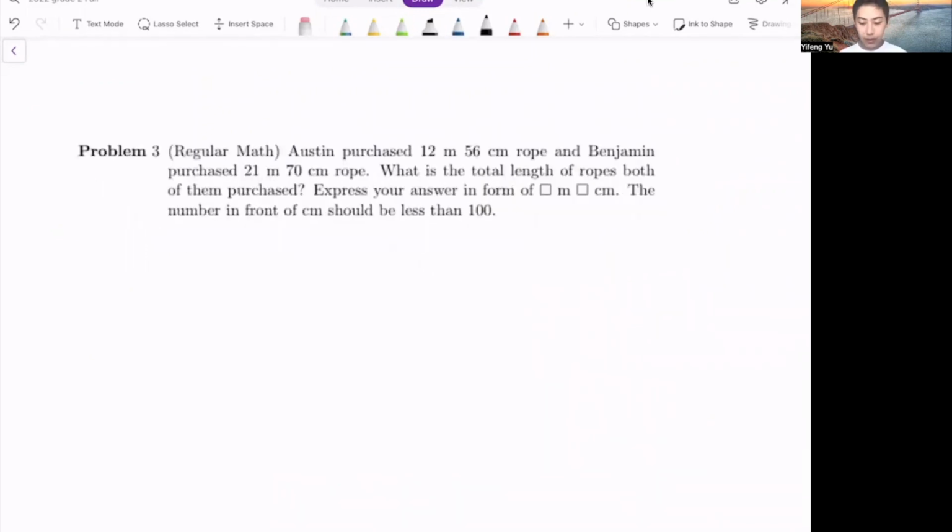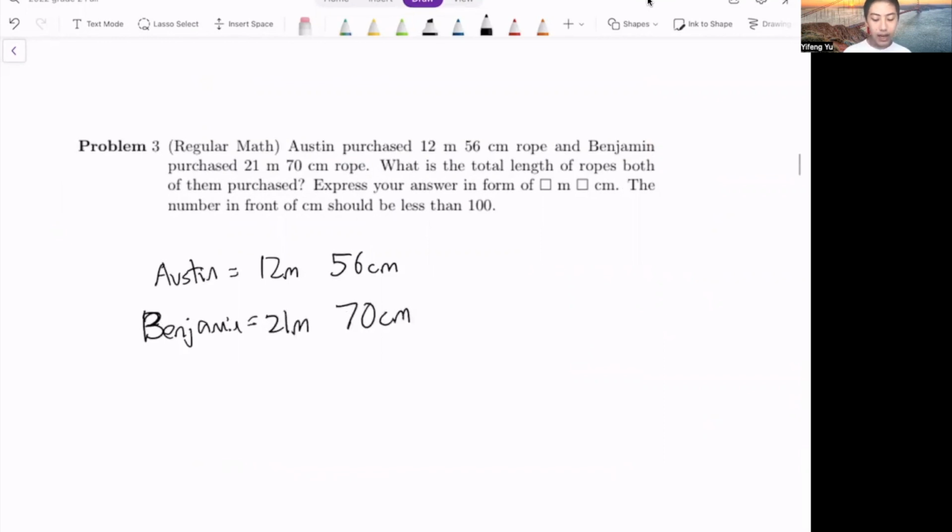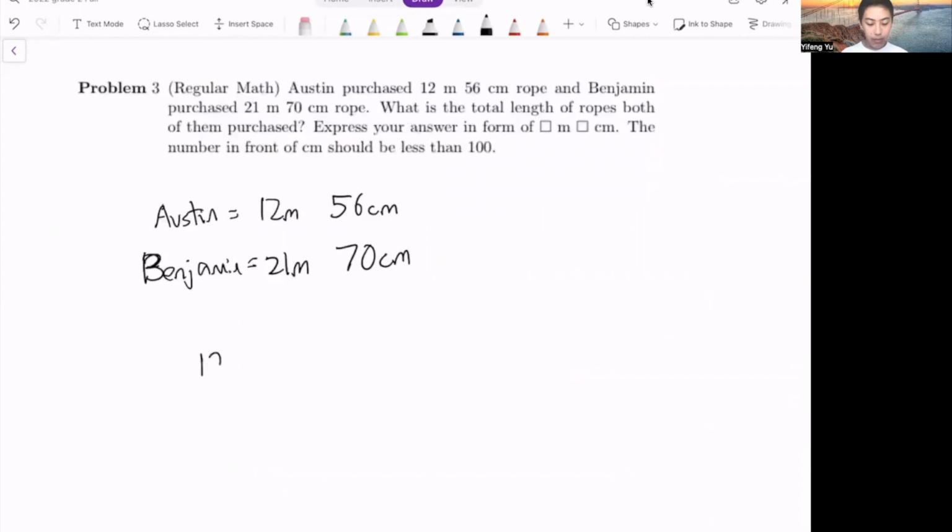So first, we know that Austin purchased 12 meters and 56 centimeters, and that Benjamin purchased 21 meters and 70 centimeters. So let's add up the meters first. 12 meters plus 21 meters is equivalent to 33 meters.